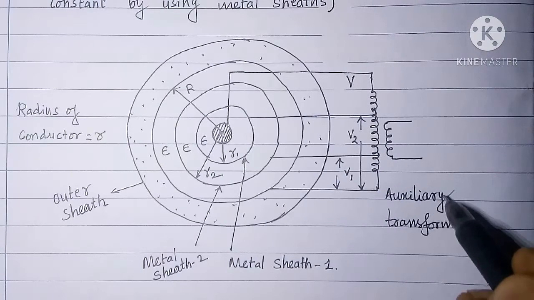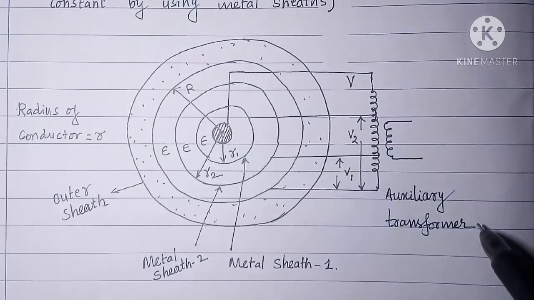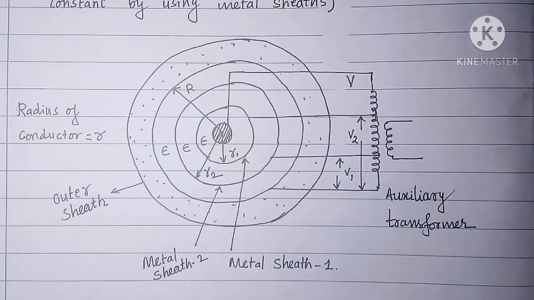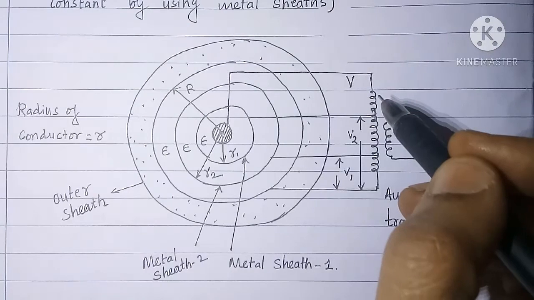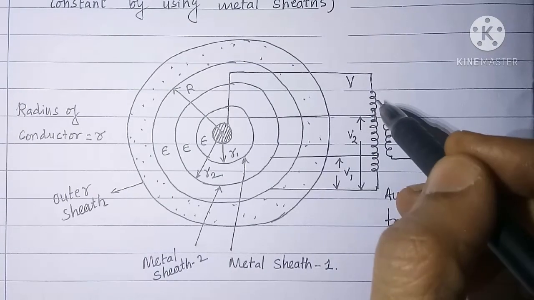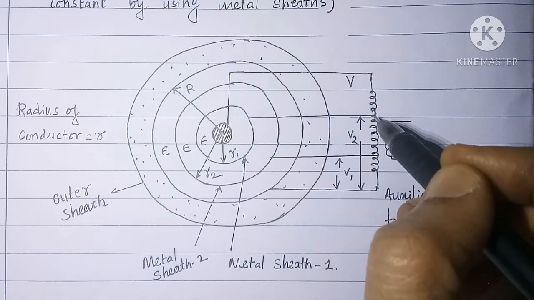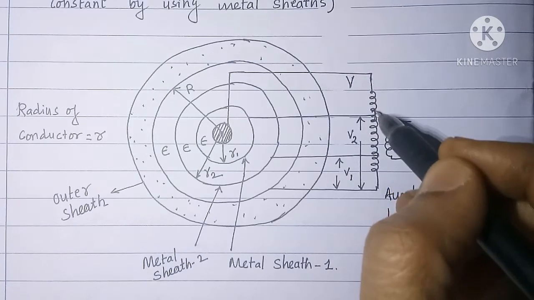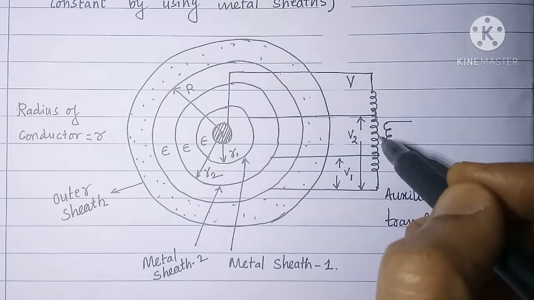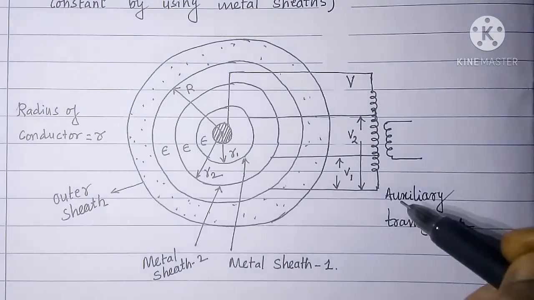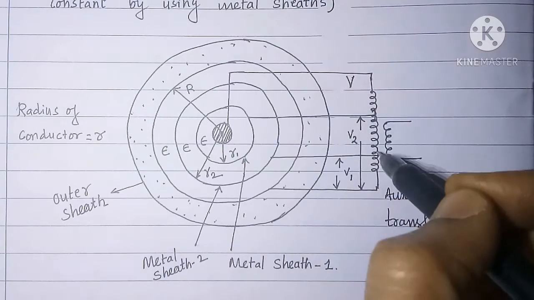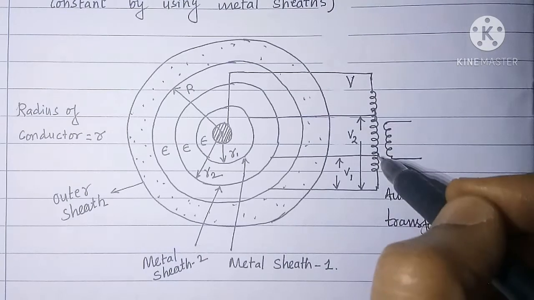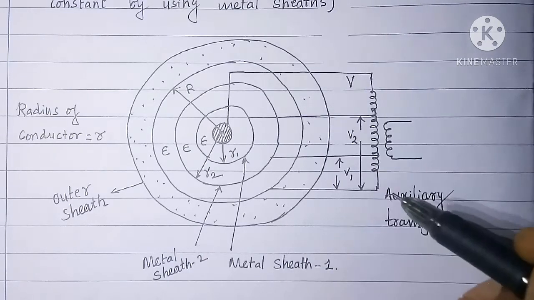Now you can see here an auxiliary transformer. This auxiliary transformer is having tappings. Tappings means the turns in the winding of auxiliary transformer are divided into many parts, and from each part a connection is taken out.